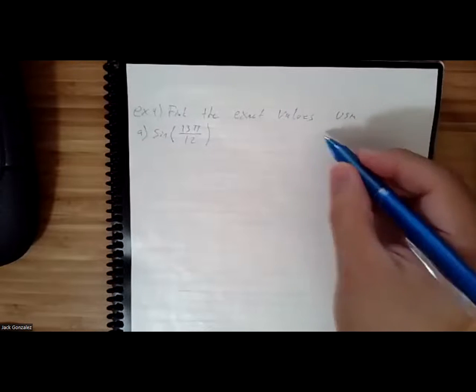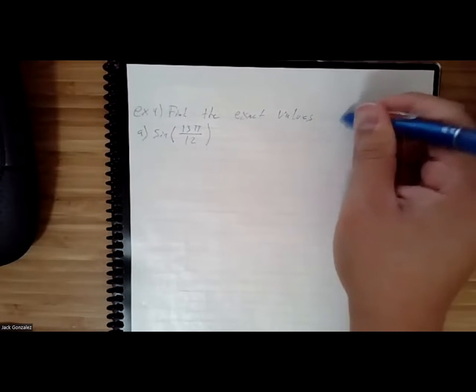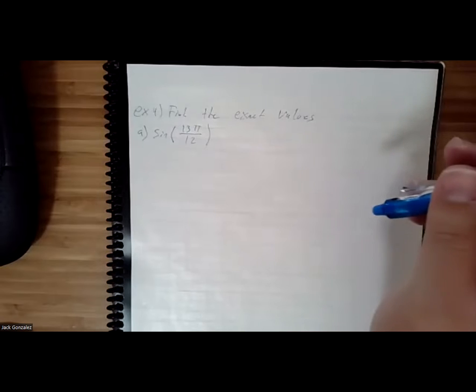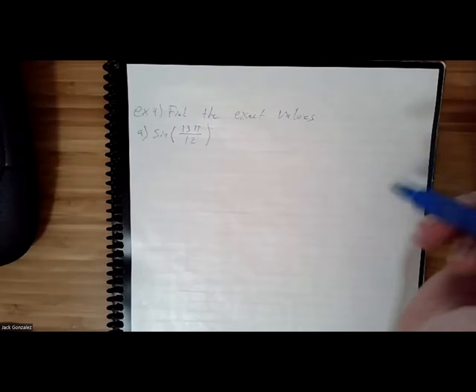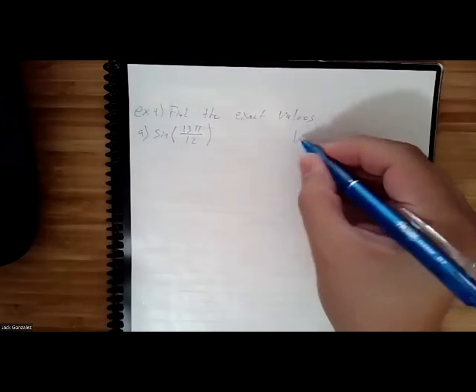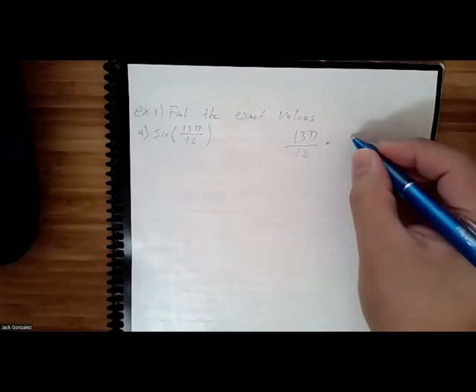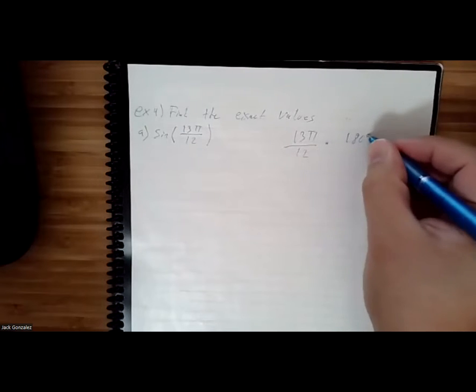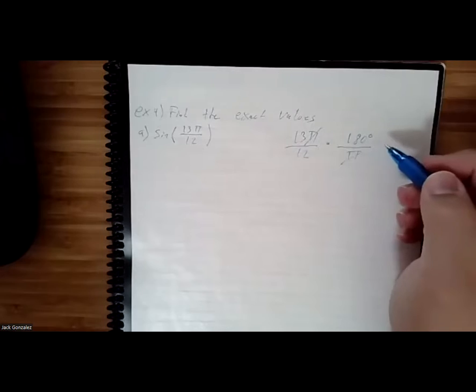Okay, so let's go over here and convert it, I mean. Multiplied by 180 over pi. Cancel the pi's. Does 12 go into 180? I don't know, maybe.